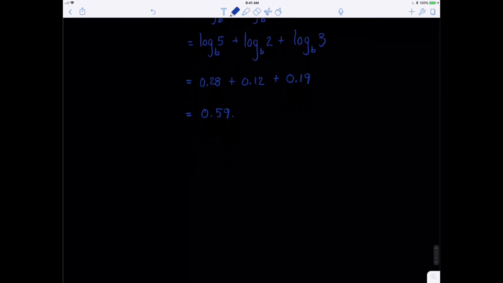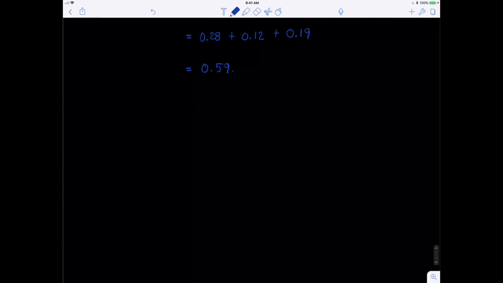Let's try another one. We're using the same values, so this is example 2, and it's the same idea. Simplify log base b of the square root of 5 over 2. Well, a couple problems. The first one is a square root, so I need to think fractional exponents.